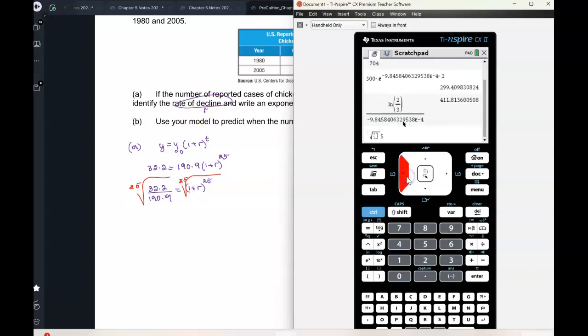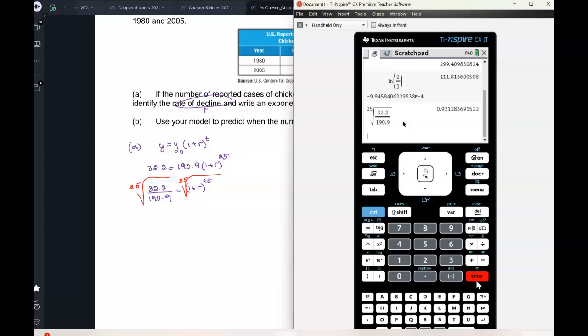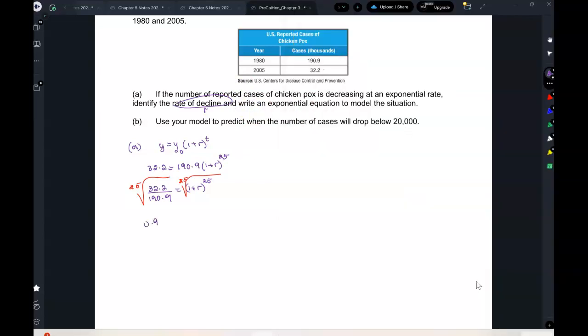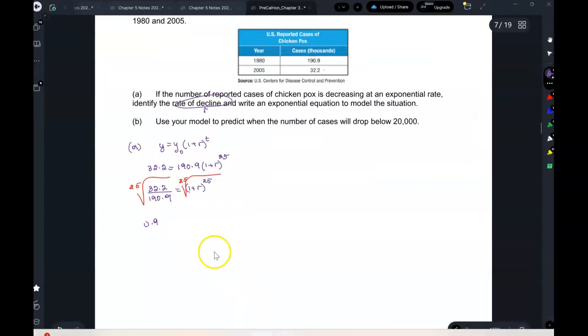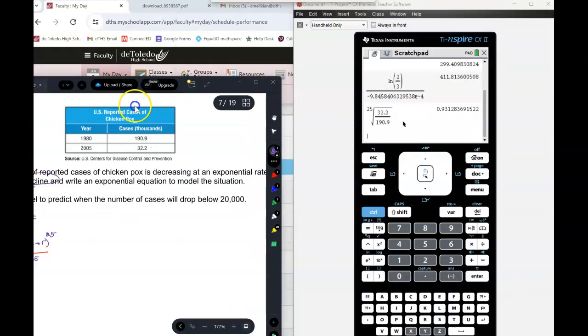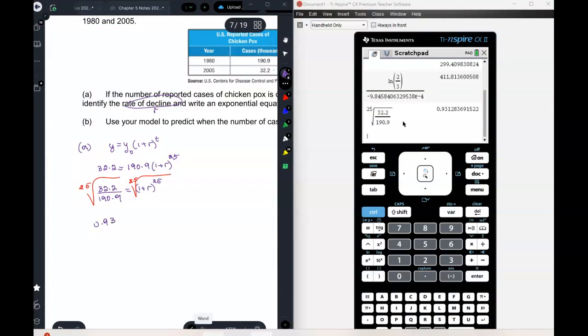Is that right? Plus I have that extra 5 over there. Okay. So 0.9-something is equal to 1 plus r. And so r is that minus 1. Again, never round. So just do minus 1.